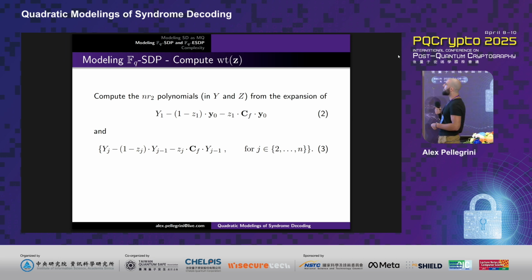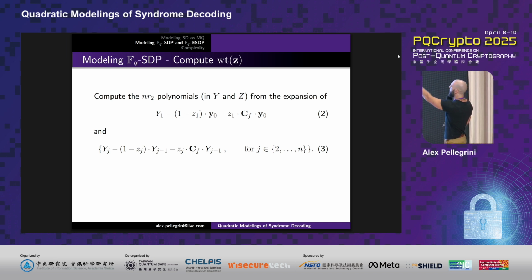Okay, to compute the weight of Z, now we compute the NR2 polynomials, which are at most quadratic in Y and Z, given by the expansion of this set of equations and the first one.